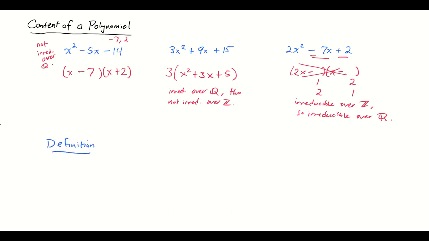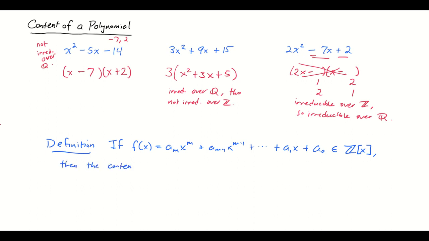This is called the content of a polynomial. If f of x is equal to a_m x to the m plus a_(m-1) x to the m minus 1, etc., down to a_1 x plus a_0, and this is a polynomial in Z bracket x, a polynomial with integer coefficients, then we define the content of this polynomial as follows.